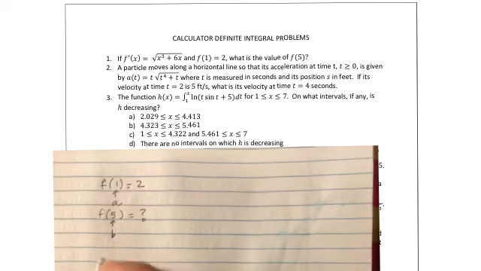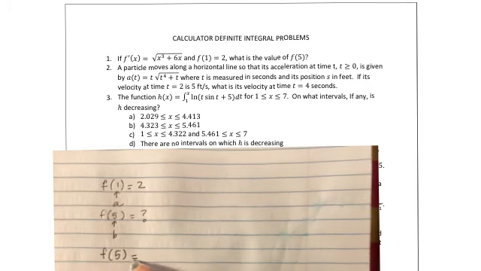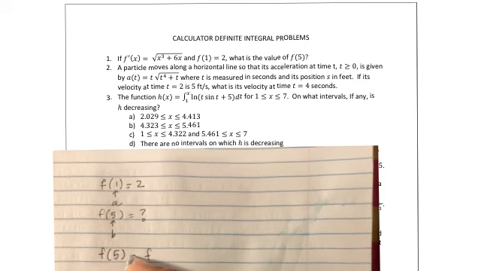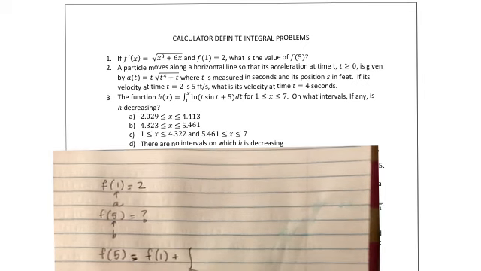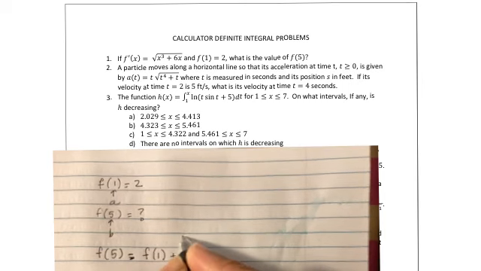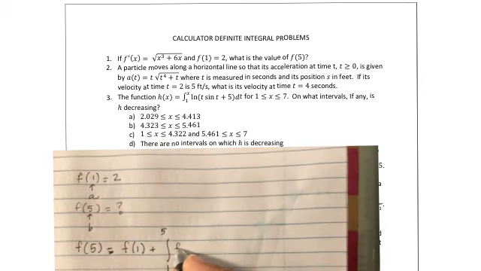And the net change theorem tells us that f of b is going to be equal to f of a plus the integral from a to b of f prime.